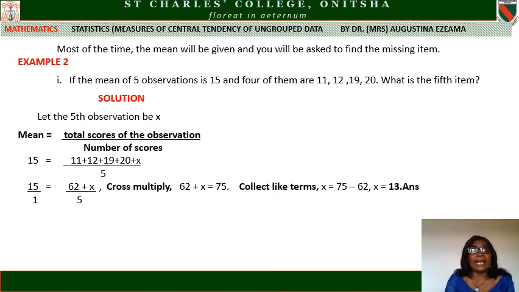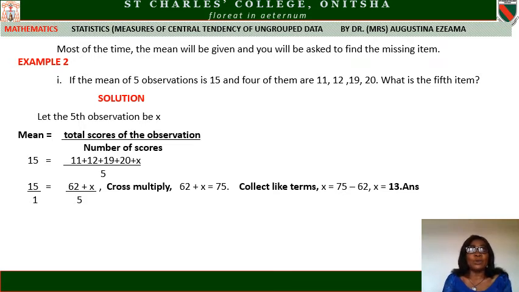The mean is the total score of the observations over the number of scores, which means now make that 15 the subject of the formula. Then 15 is equal to 11 plus 12 plus 19 plus 20 plus x all over 5. You make 15 a fraction so that you will be able to cross multiply. 15 over 1 is equal to 62 plus x all over 5.